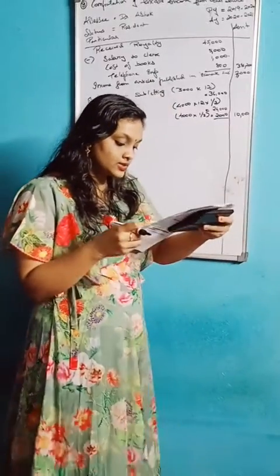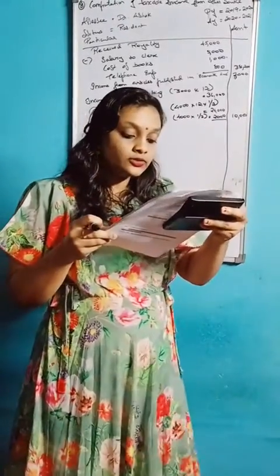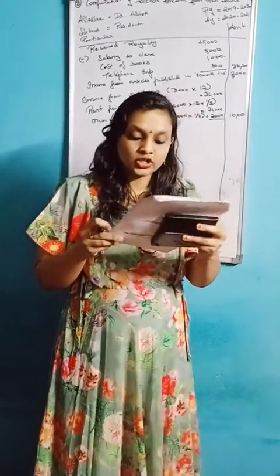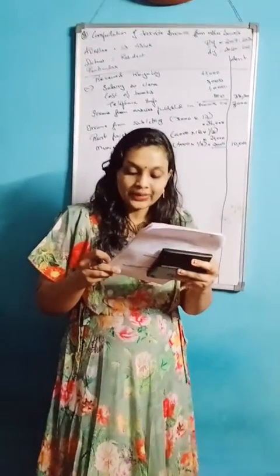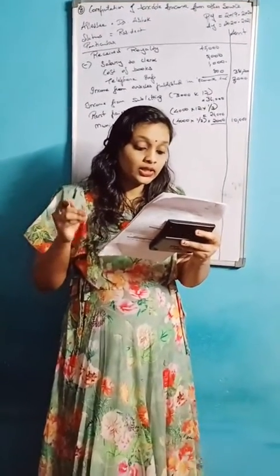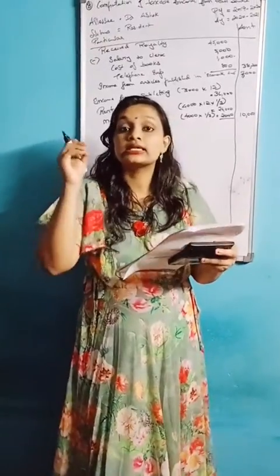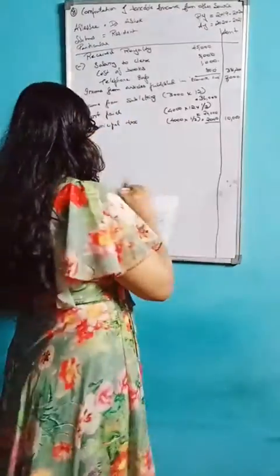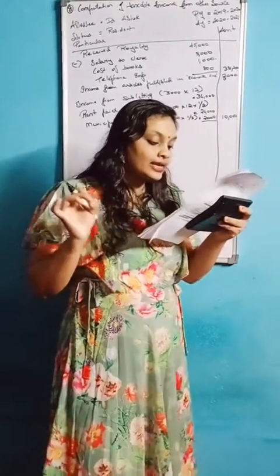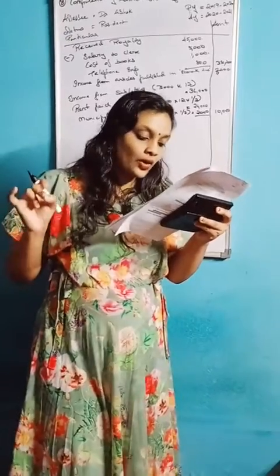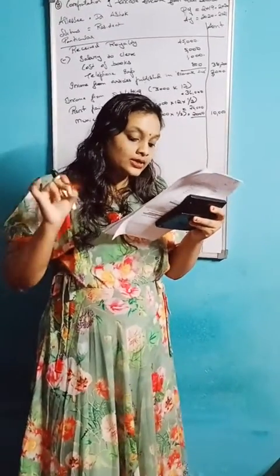Next one is, he received 200 per lecture delivered at the Economic Institute during the year, 22 lectures. It's exempted. You don't need to write it. Next, as an examiner of various universities, remuneration rupees 5,000. It's taxable.